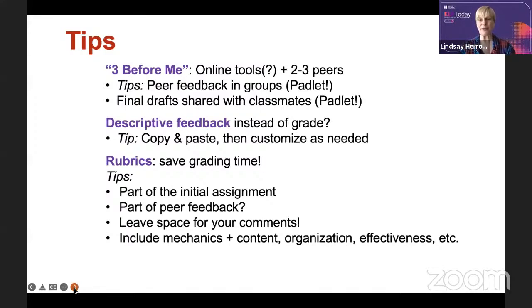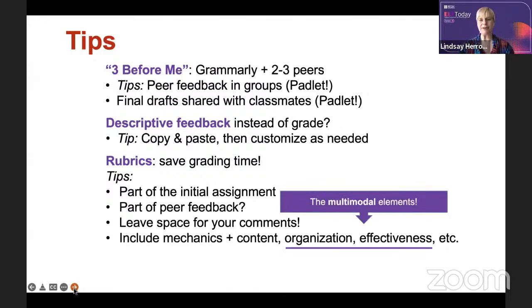And again, it's focusing students on the multimodal elements so that they know how to improve their own and start paying attention to how others can improve, which gives them their own ideas for improving their own work. Don't forget to leave space for your comments, and definitely on your rubric include not just mechanics like grammar and spelling, but also organization, effectiveness, the multimodal elements.